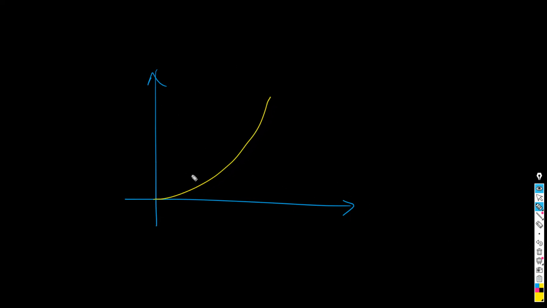If you remember from the last class, I'm going to briefly sketch what we did. For the specific function f of x equals x squared, we found how to get the slope of the tangent at point 1 comma 1, right?